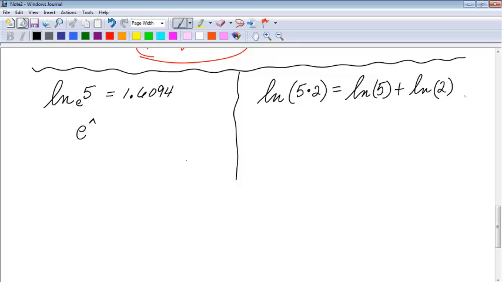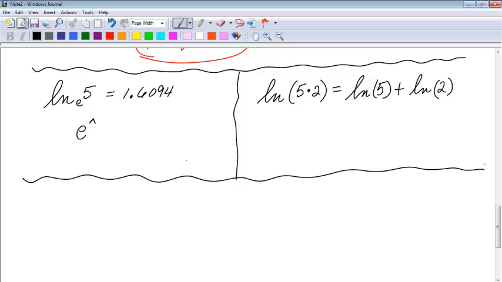Then take the natural log of 5, close the parentheses, plus the natural log of 2, and I should get the same answer. The second law and the third law also work the same.